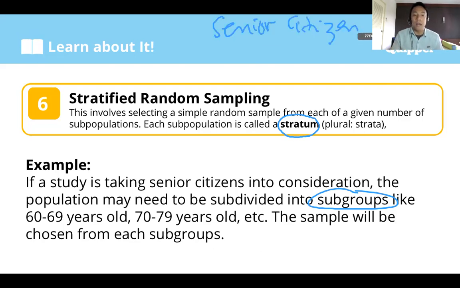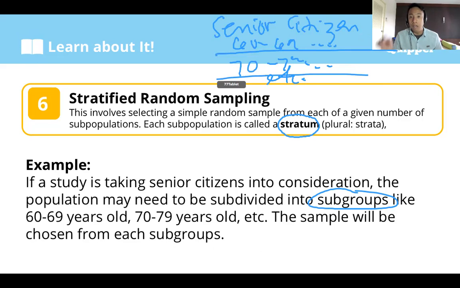Ilan dyan yung mga nasa 60 to 69 years old, 70 to 79 years old, and then etc. And then after knowing those subdivisions, okay, kung ilan na yun nandoon, tsaka ka pipili ulit ng mga samples mo on each division. Okay? Did you understand that one?